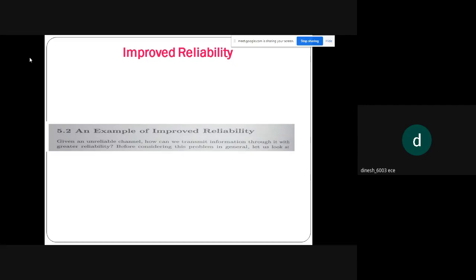So for that, we need to choose an appropriate reliable channel, assuming that the channel gives a lesser probability of occurrence of error and more efficiency. So we'll see that with an example.